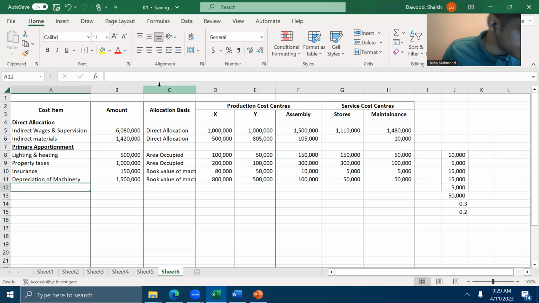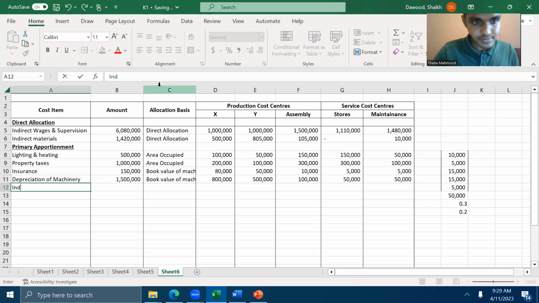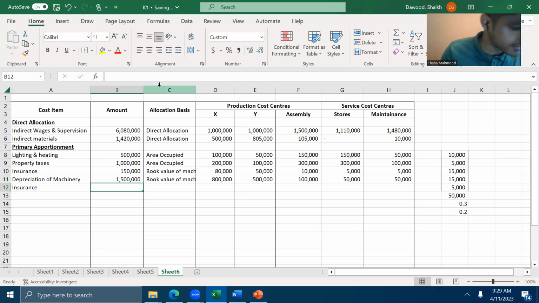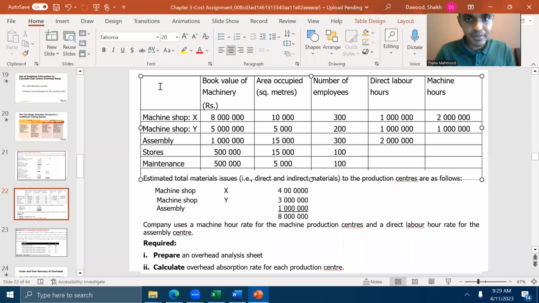The next one is insurance of building. So more insurance has to be paid if the building area is higher.